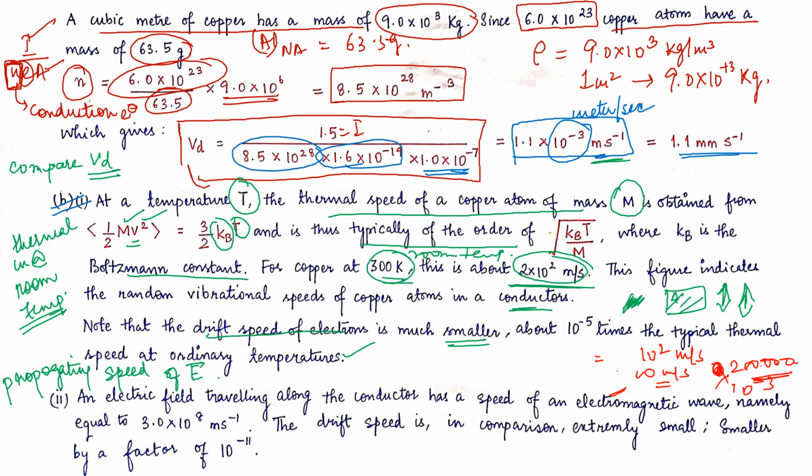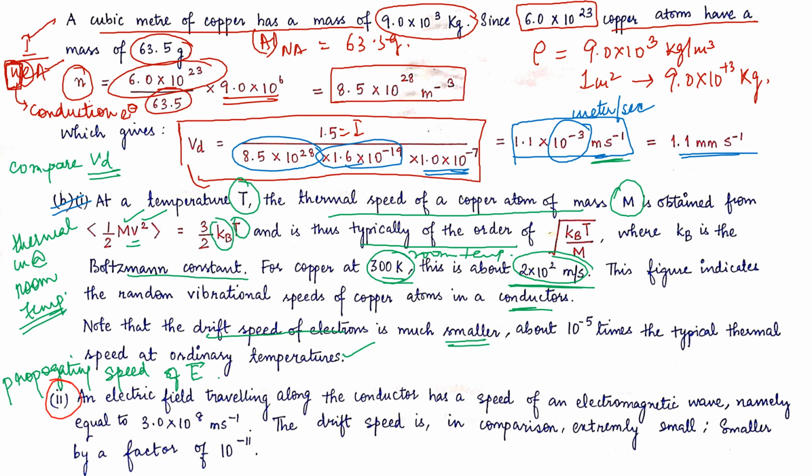So in general, the atoms have a higher speed than the drift velocity of the conduction electrons inside the copper. So the drift will be slow at room temperature, like at any temperature the drift will be slow.